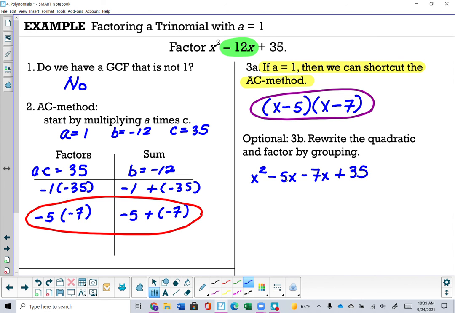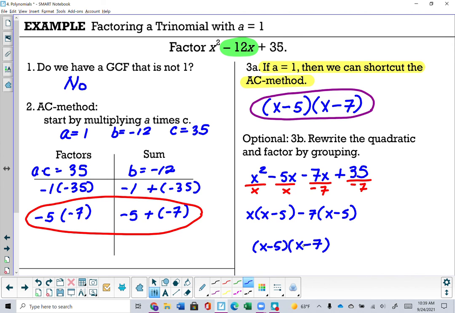Factor our first group. I'm going to factor out an x. So if I divide those two terms by x, I get 1x minus 5. The second group, I'm going to factor out a minus 7. And so, again, I get 1x minus 5. Factor again. X minus 5 times x minus 7.